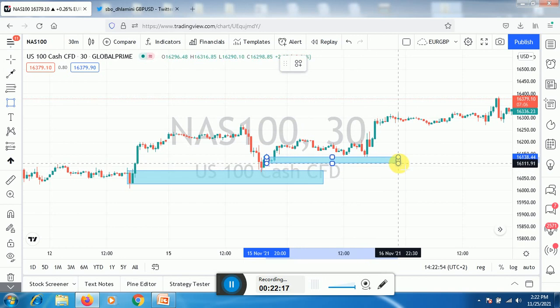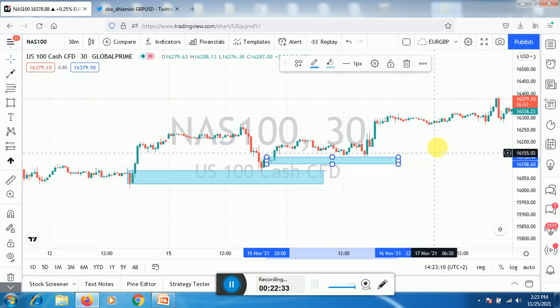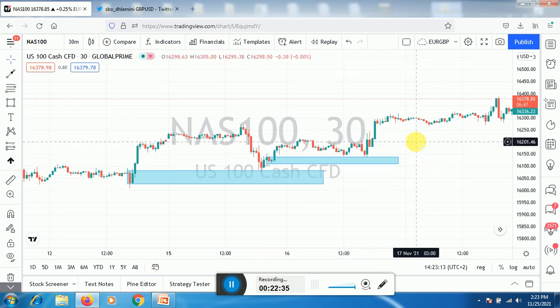On market structure, you always have to look left. Why? Because price action, most of the time, repeats what happened previously. So we are predicting what might happen in the future with price data that happened previously.